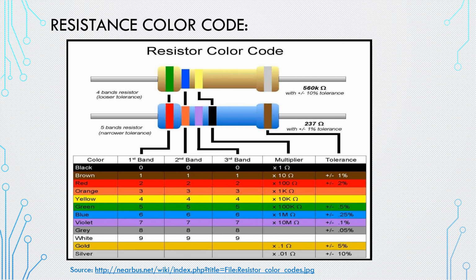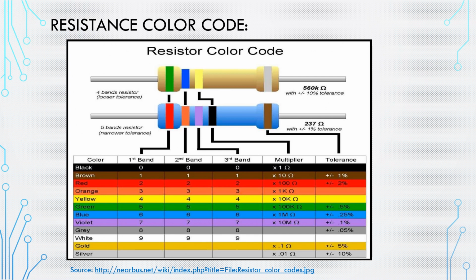The first color goes with the first column. The first color here is green, and in the first column it is 5. So this is the first digit of the resistor, 5. The second color is blue, and from the second column, this is 6.